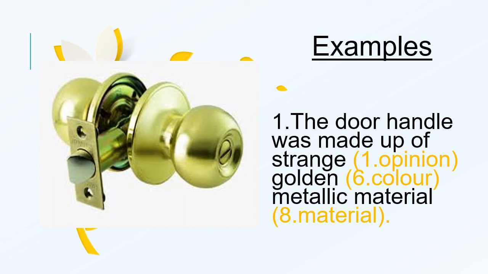In this example, we have written strange, that is an opinion, at the first place in the sentence. On second number, we have written golden, which is the color and takes sixth place in the order. But as you can see, there is no adjective present from order 2 to 5 in the sentence. So we will write the sixth order at the second place. We do the same for all the orders.